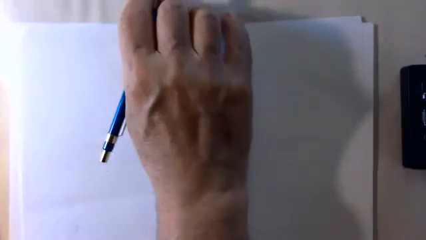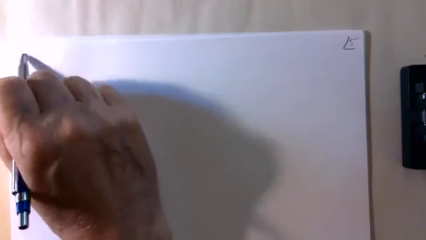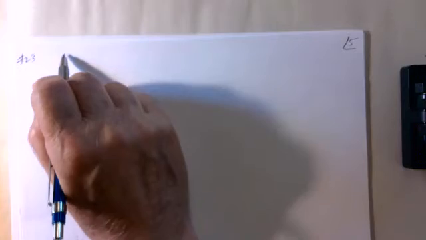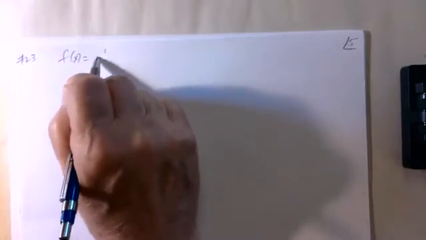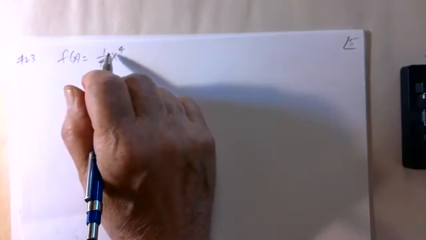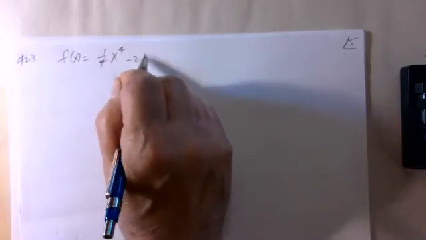Let me keep doing these problems because they're really very instructive. So 1921, number 23. This is the function f of x equals 1/4 x to the fourth minus 2x squared.